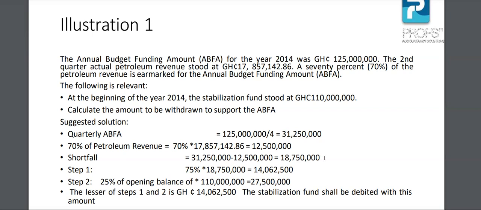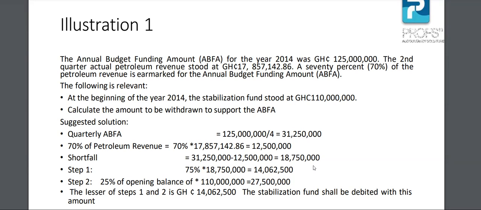So if that is the case, then we need to look at the lesser of it, which is 75% of the shortfall or 25% of the opening balance. So 75% of the shortfall is giving us 14 million. I'm just approximating them. Then 25% of the opening is going to get 27.5 million.